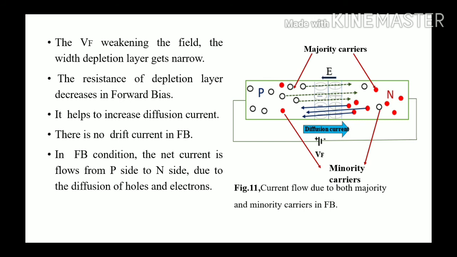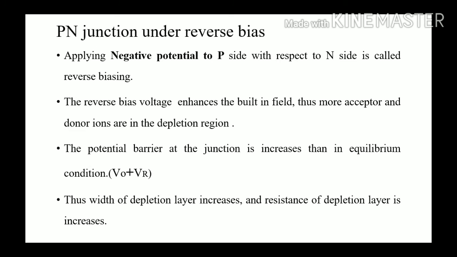Next we can see the reverse biasing of a PN junction. In a PN junction under reverse biasing, applying a negative potential to the P side with respect to the N side is called reverse biasing. The reverse bias voltage enhances the built-in field, resulting in a higher electric field.